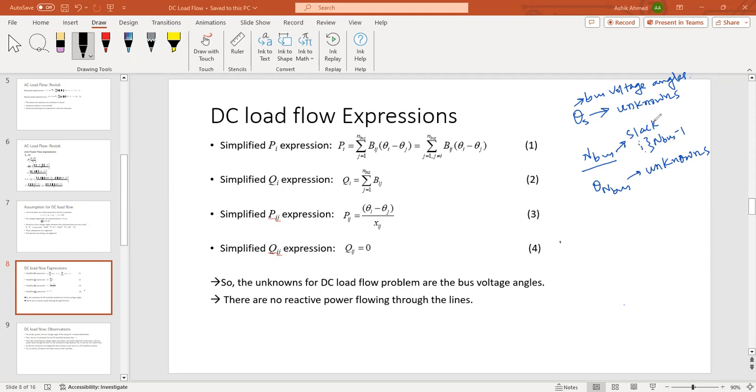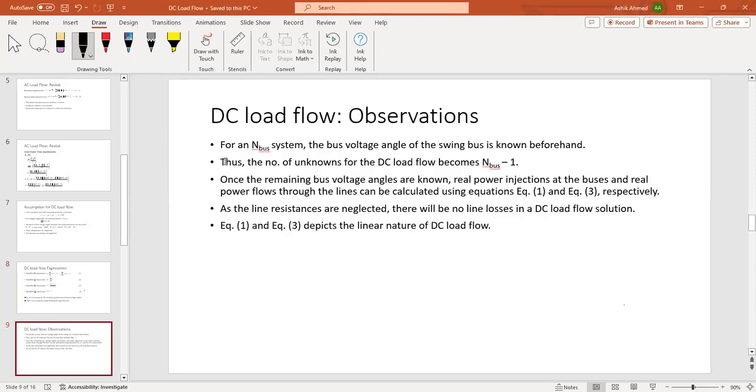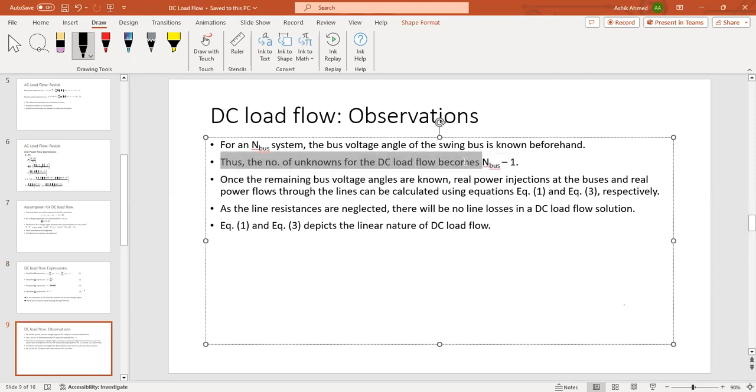Because the slack bus theta is known, and that is our reference bus, so that is 0. The remaining n bus minus 1 entries will be the unknowns. So that's why we said that the number of unknown variables for the DC load flow is simply n bus minus 1. This is the explanation for that statement.